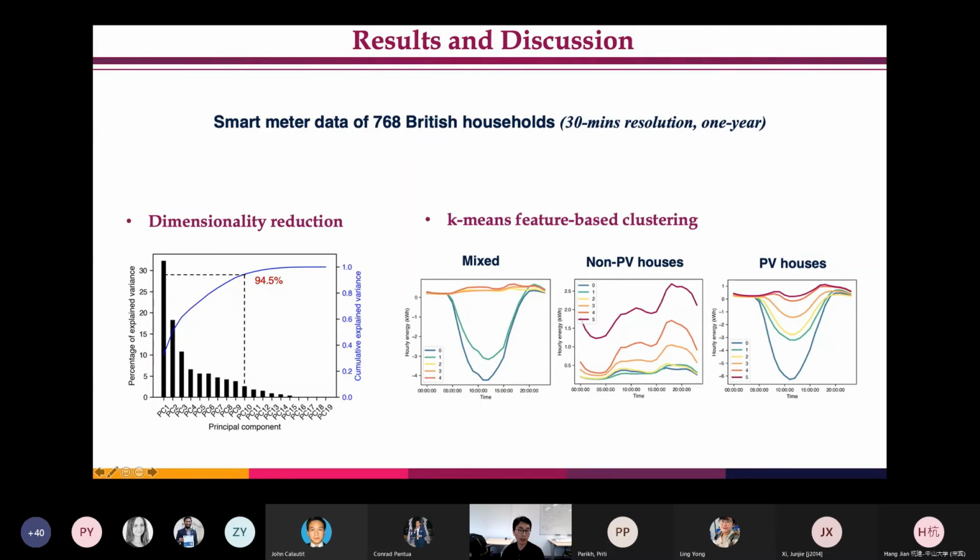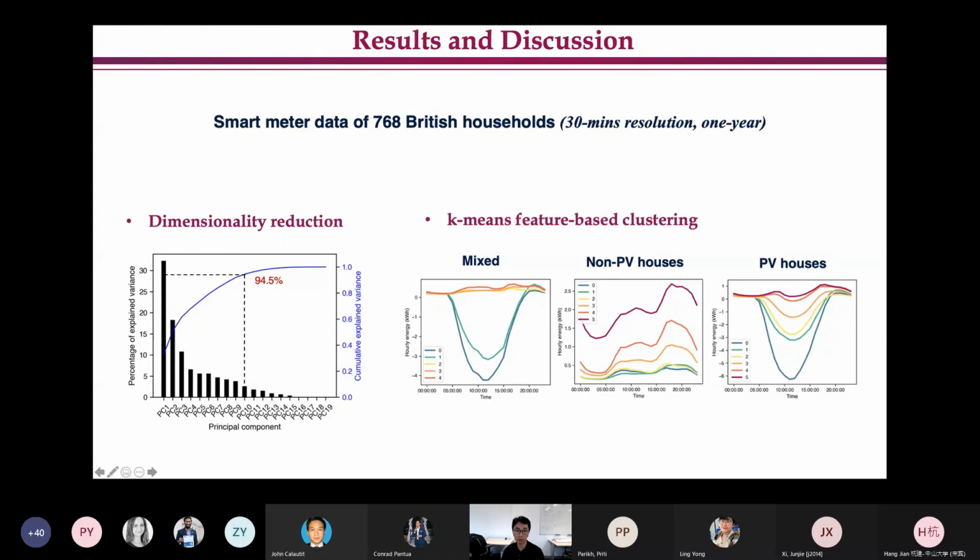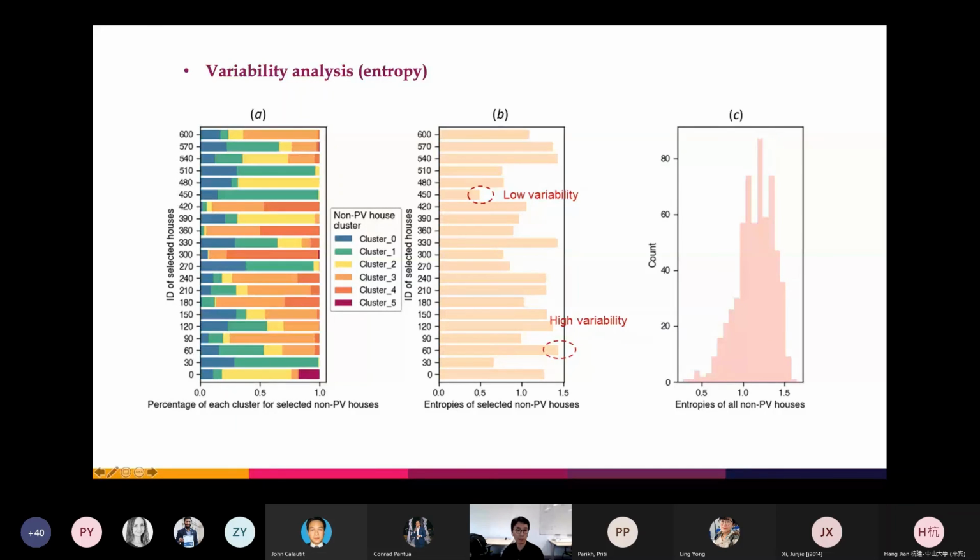The dimensionality reduction helps us reduce the dimension, and the k-means helps us classify the data of both the non-PV houses and PV houses. This is the variability analysis based on the entropy, where the y-axis is the household number, and different houses have different cluster memberships.